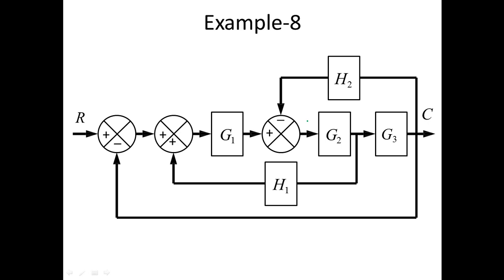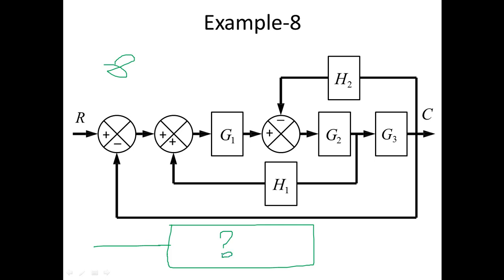There are 7 different blocks, which involve 3 forward path gains and 2 reverse path gains, that is 5, and these 3 are the summation points. So there are a total of 8 things involved in this huge diagram, and you have to find a single block. Instead of using all these blocks, what should be the equation of that single block?